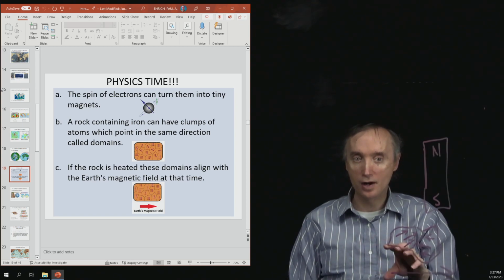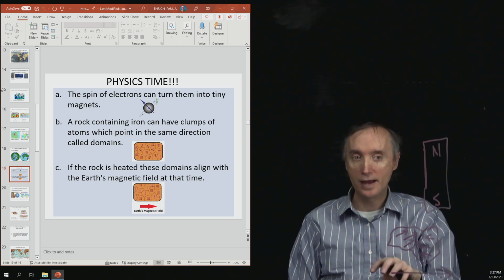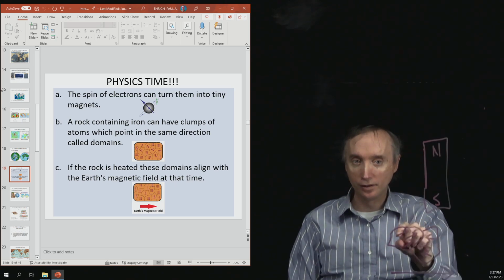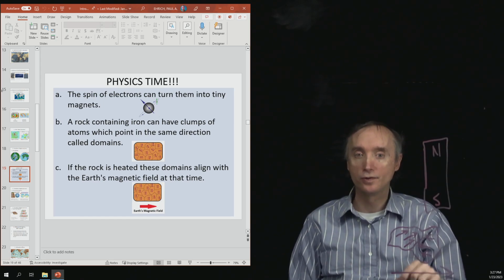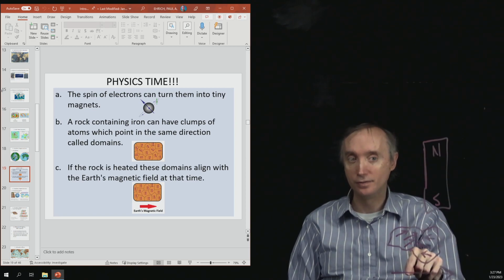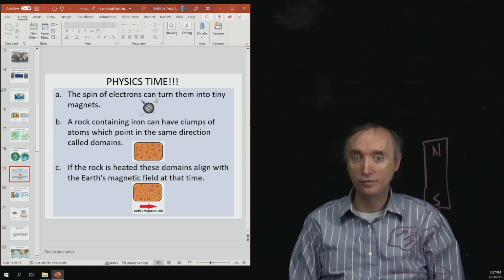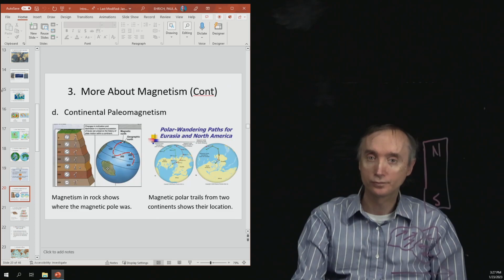So when those rocks initially formed from magma, they will have little magnets inside of them that will align themselves with the direction of the magnetic field that existed back then when they formed.